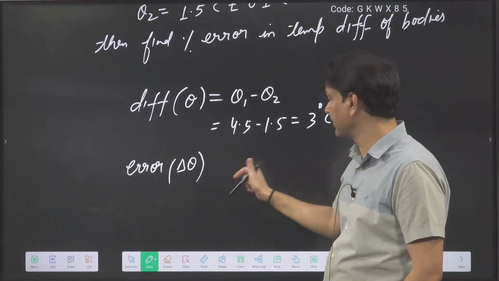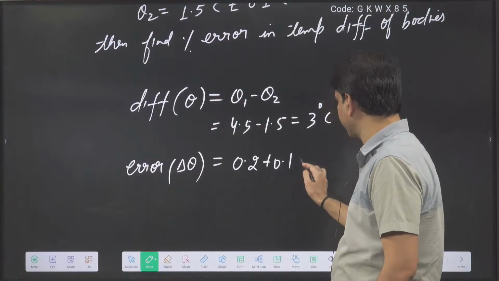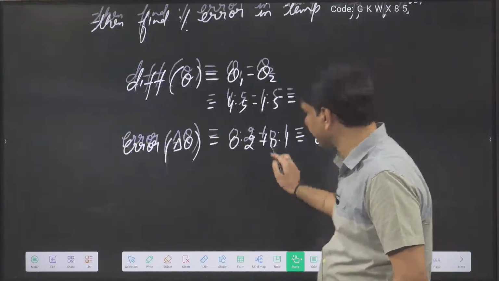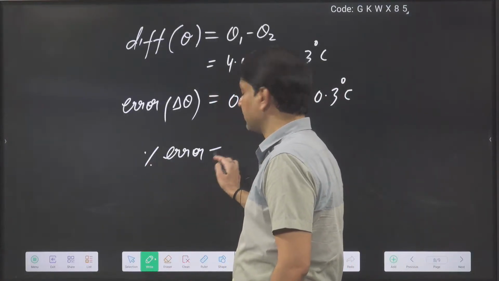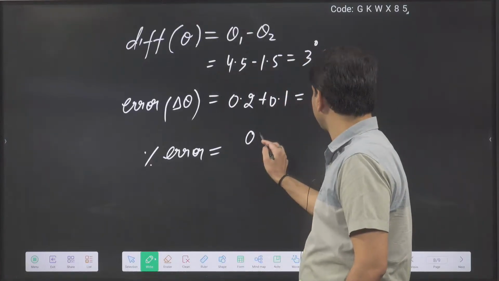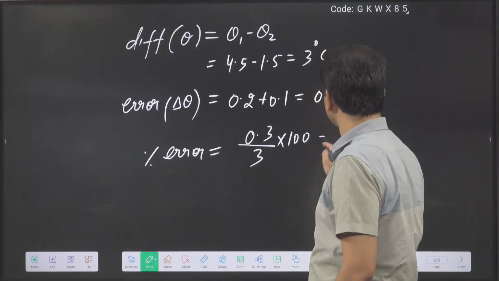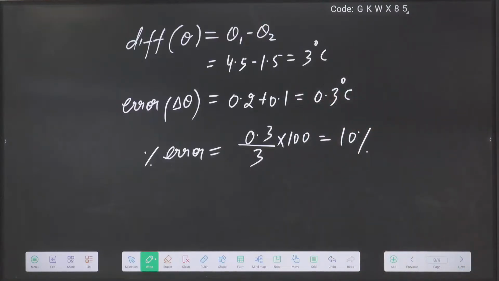Then I will directly add the errors: 0.2 plus 0.1 is 0.3 degrees C. Now the percentage error is the error 0.3 upon true value 3, into 100. Then you get 10%. Completed.